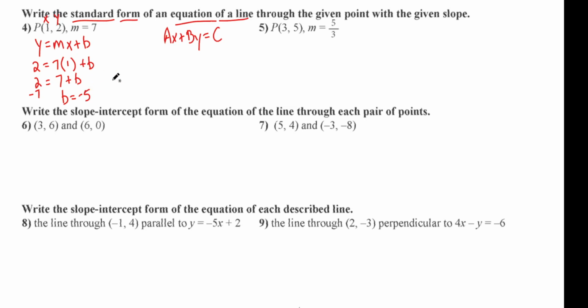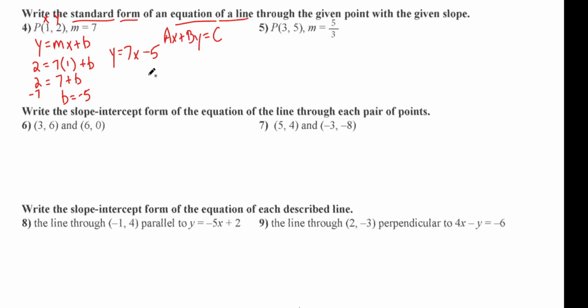Negative 5. So I'm not going to put it in standard form just yet. I'm going to put it back into slope-intercept form, and then I'll put it into standard form. So I've got y equals 7x plus a negative, which is just minus 5. There's my slope. There's my y-intercept. Is that in standard form?